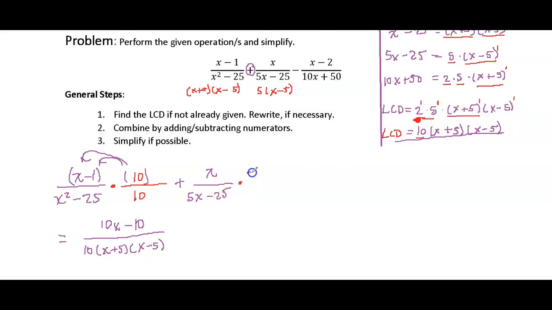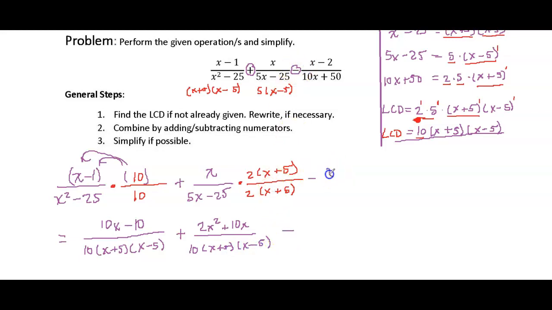So we're going to multiply by 2 times x plus 5. Remember, we're multiplying this to the numerator and the denominator, multiplying by a form of 1, so we're not really changing the value of the expressions here. Okay, so simplifying this a bit, we end up with 2x squared plus 10x in the numerator over, once again, the LCD, 10 times x plus 5 times x minus 5.